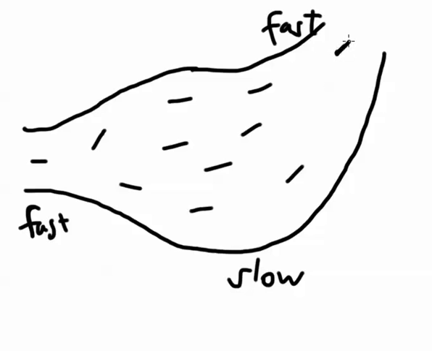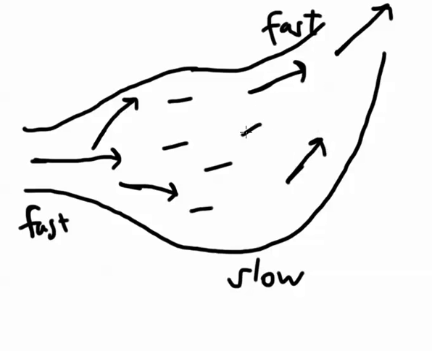So where it's going fast, I should draw a long arrow, and then a somewhat shorter arrow, and a shorter arrow. And towards the center of the lake, it's really going slow. So this is an arrow map that shows how fast the river is going at each point, and also which direction it's going.